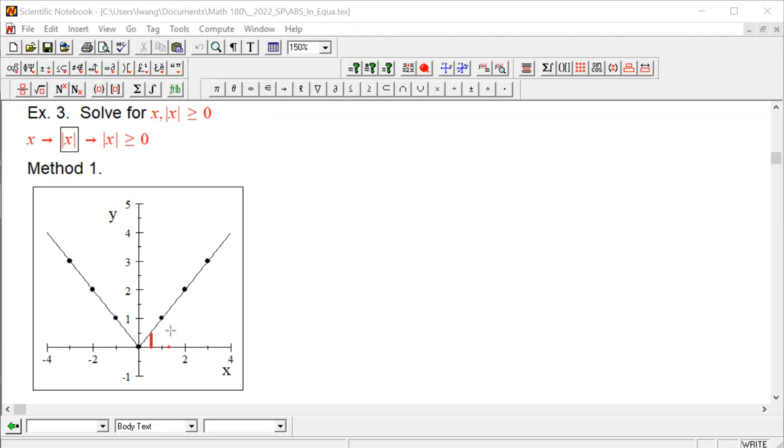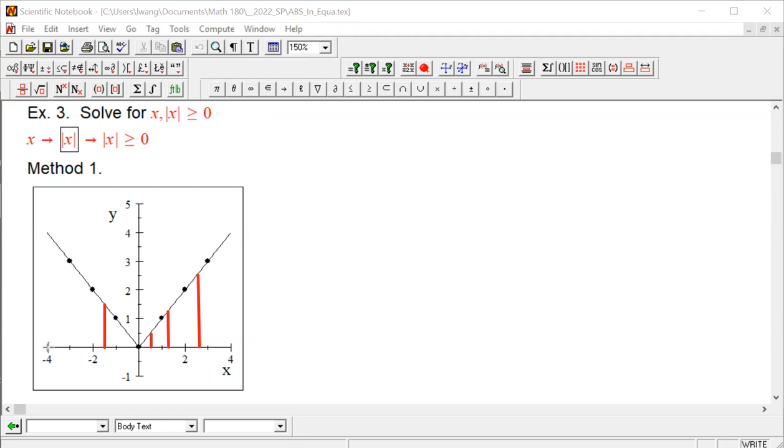Because look, all of these outputs. So what is the solution? Every input will guarantee its output is at least 0.